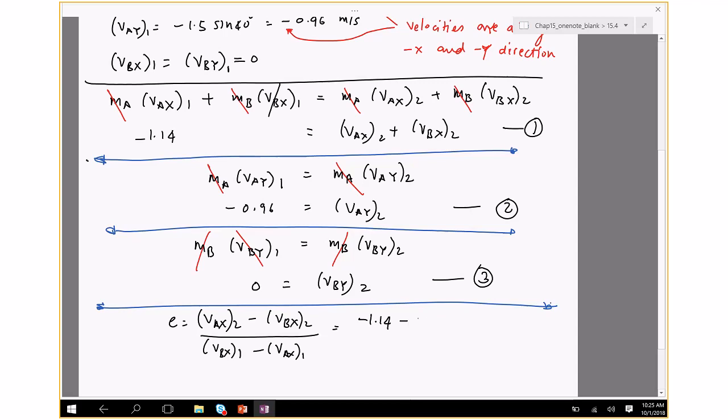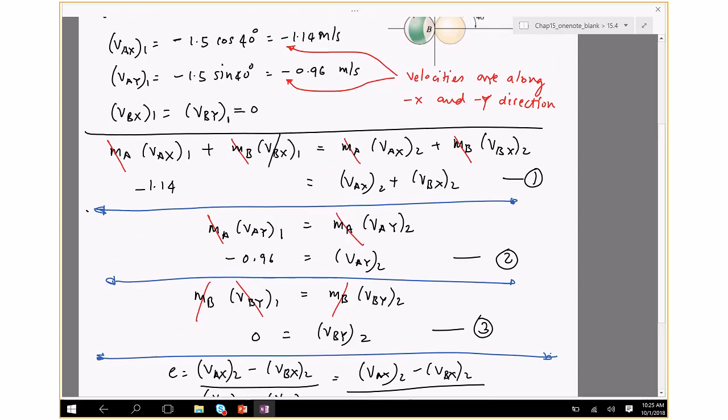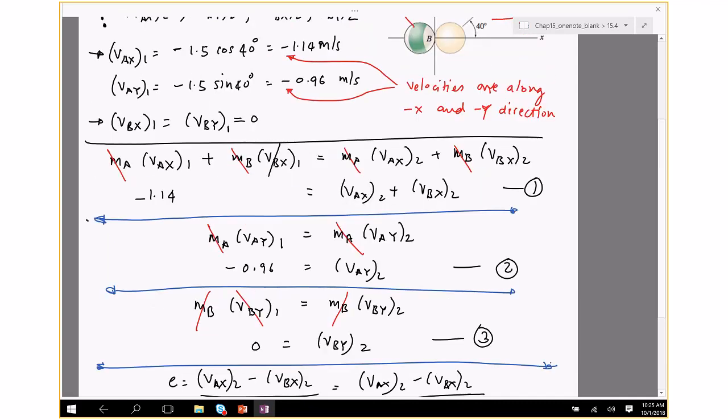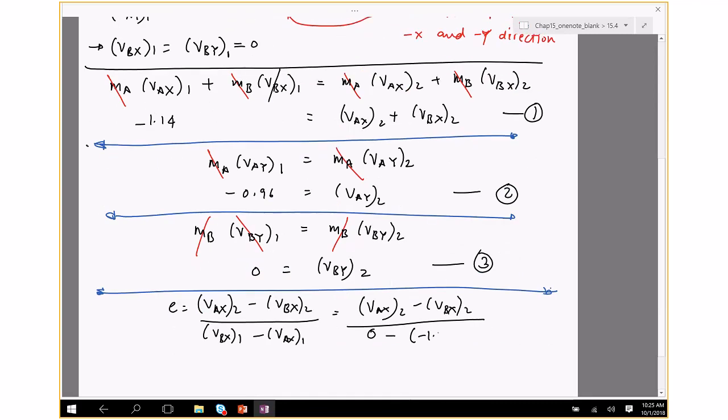Velocity of B in the x direction, that's not right. I don't know the velocity, right? Those are unknowns. Okay. VBX1, that's the one I know. It's 0. So that's 0 minus velocity of AX, which is minus 1.14.